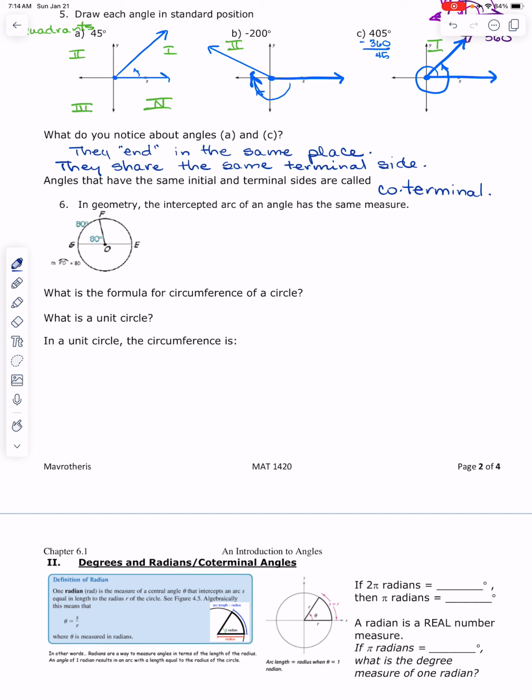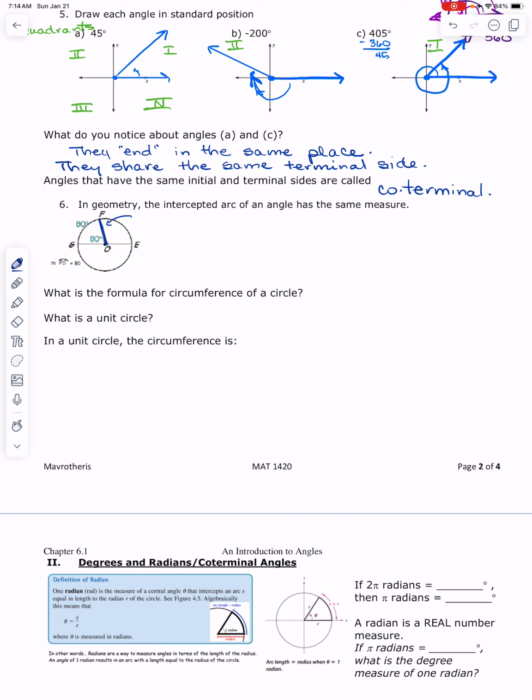Okay. So now to 6, we need to talk about some of the properties of a circle so we can make sense of how we convert from degree measures, which we're probably a little more comfortable with, to radians. Okay. So first off, a couple of definitions here.